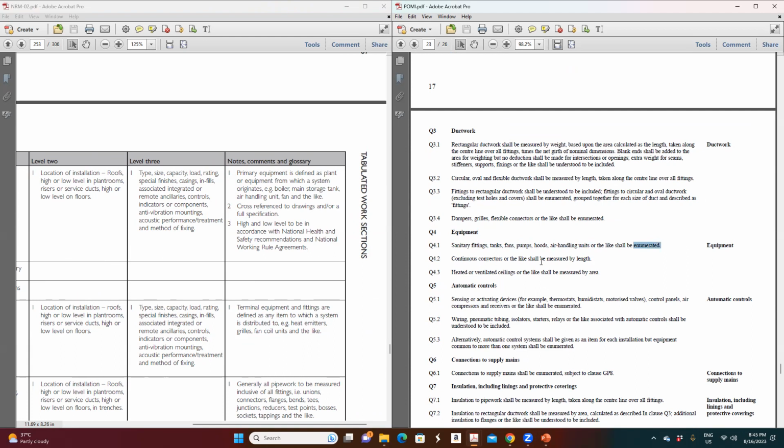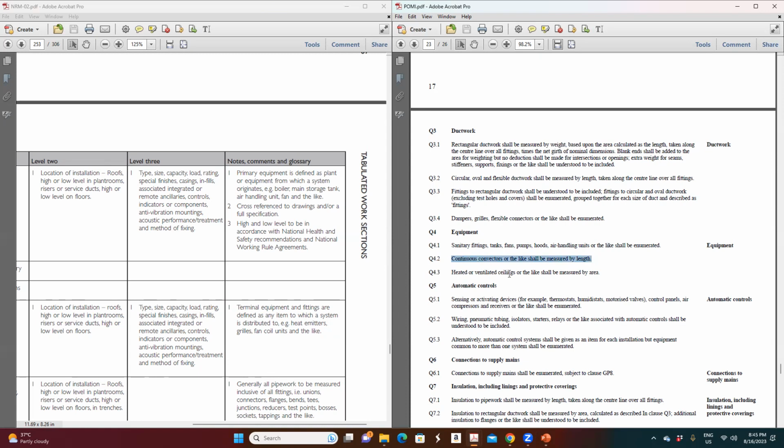Continuous convectors or the like shall be measured by length. This is something like continuous convectors. I don't use this item actually. I don't know what it means.